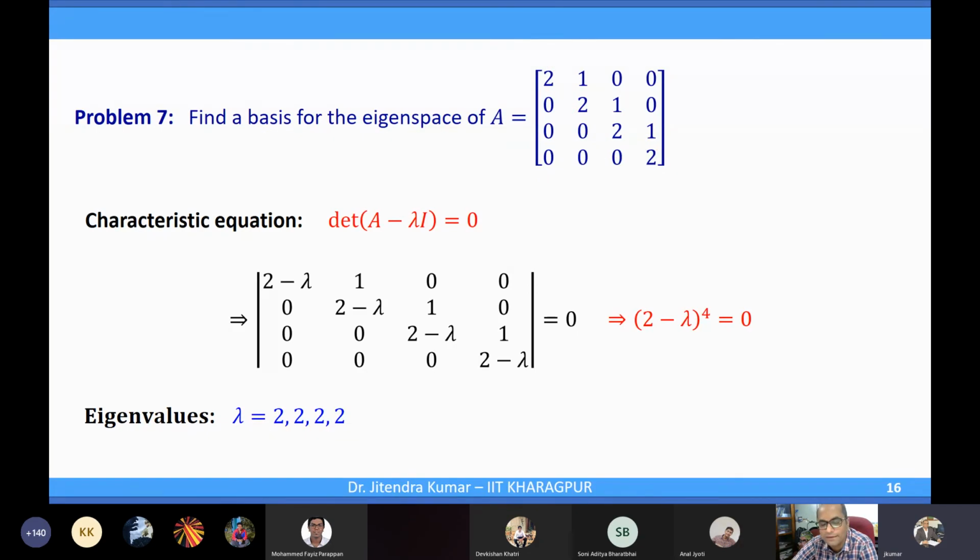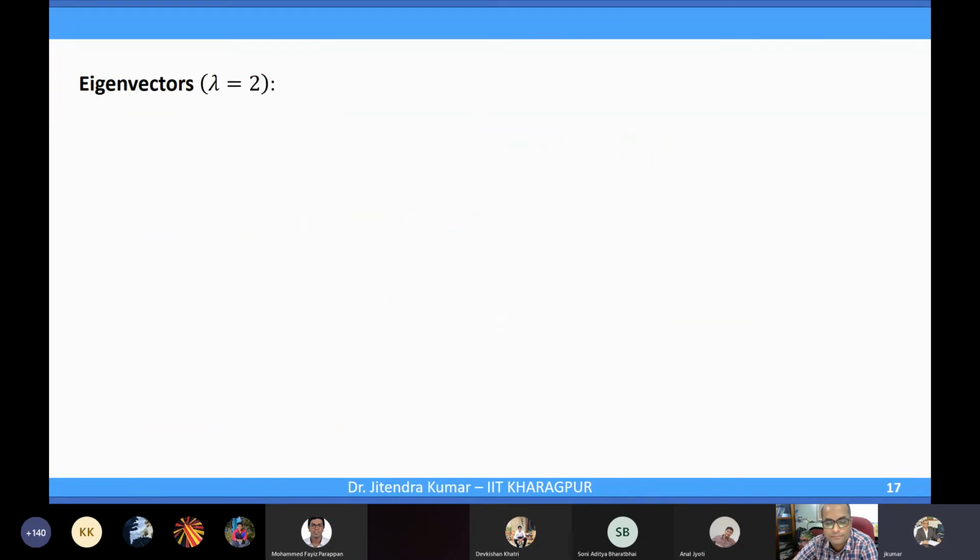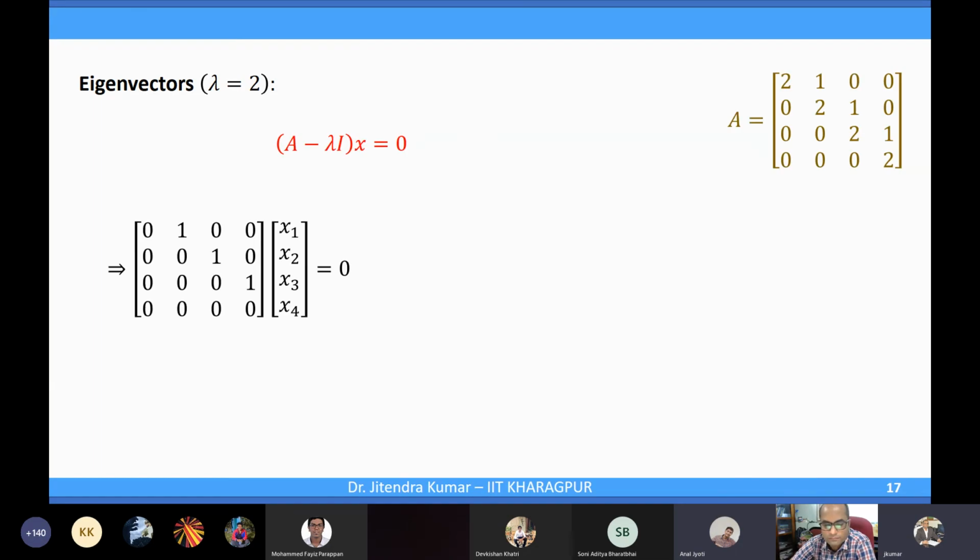Now you find the eigenvector. So 1, 0, 0, 0. Only one, right?